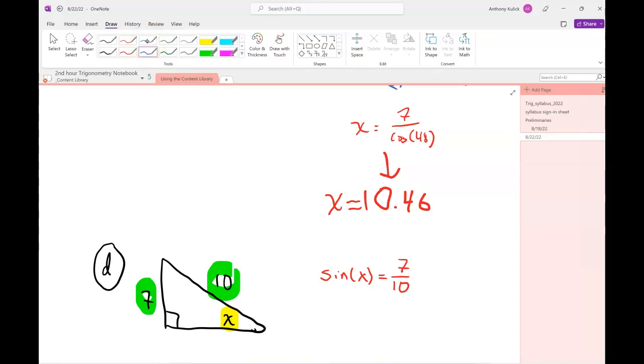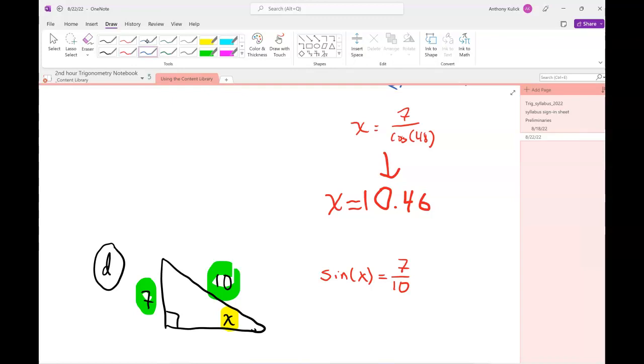To do that, I have to get rid of the sine that's in front of it. Everybody agree? How do I do that? Not multiplication. I need to use sine inverse.